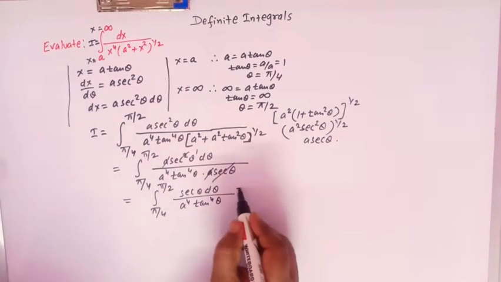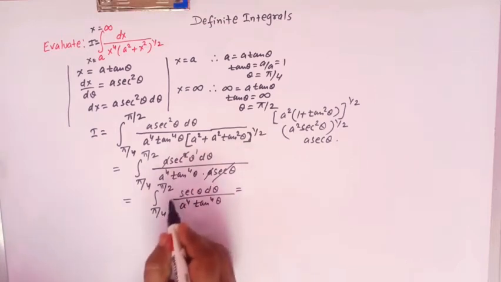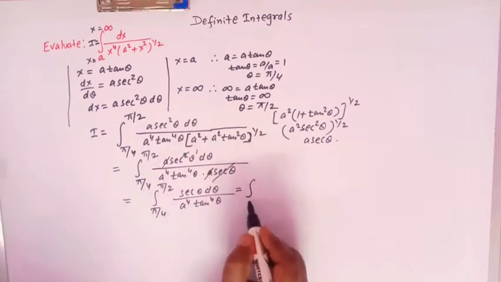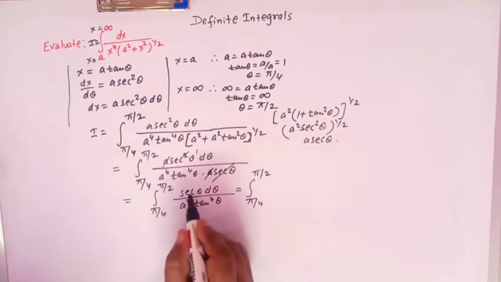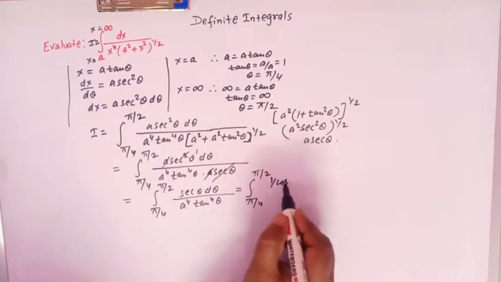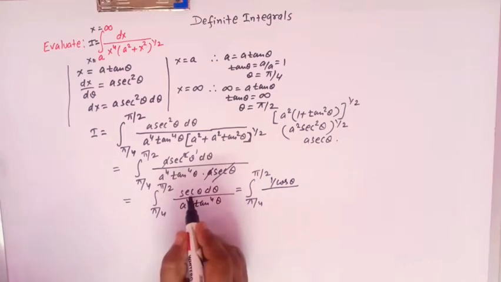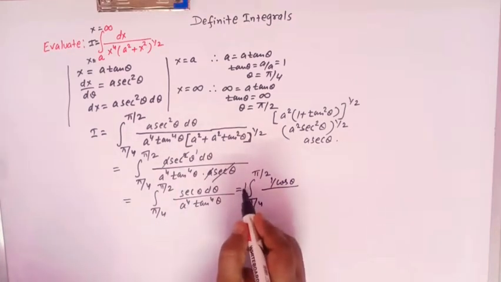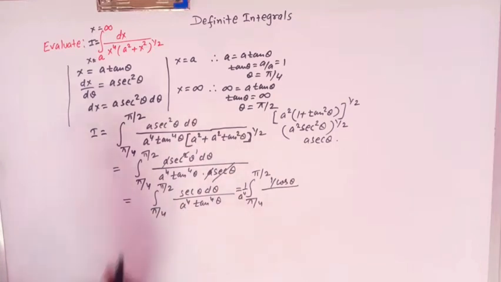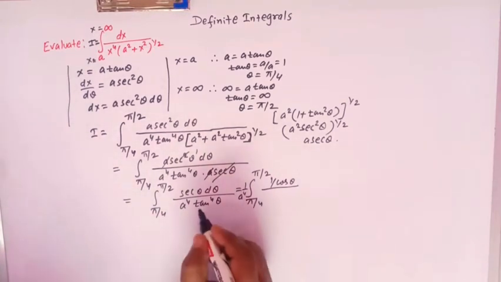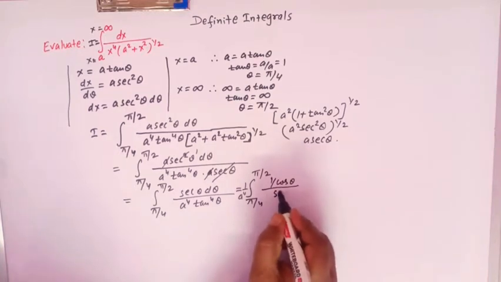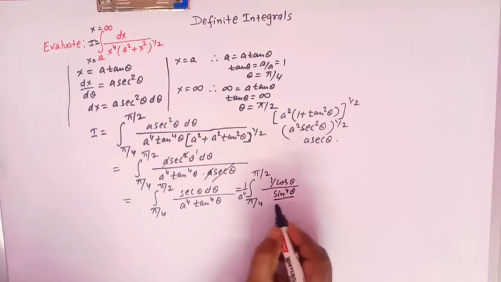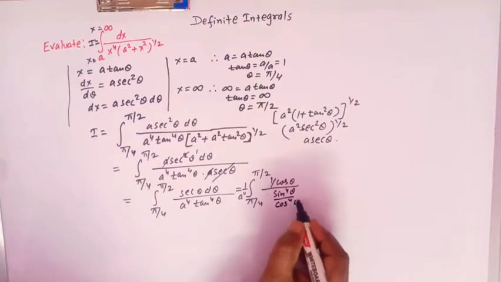Now let us convert this integrand as the integral from pi by 4 to pi by 2, and here we have 1 over cos theta for sec theta, and 1 over a raised to 4 can be taken outside the integral, and for tan raised to 4 theta we can write sine 4 theta over cos 4 theta.